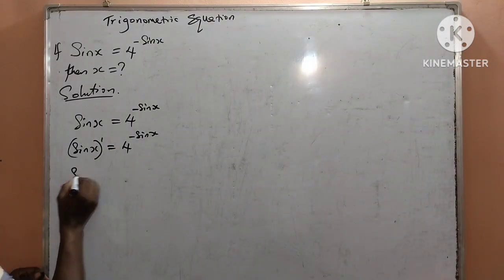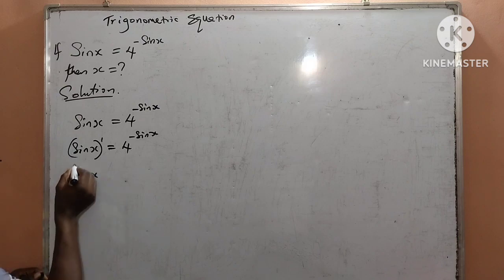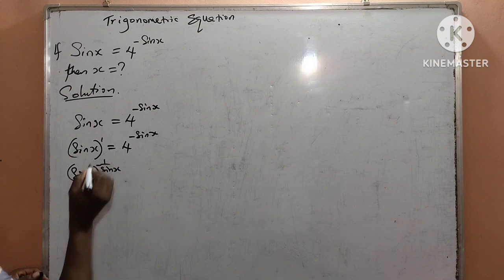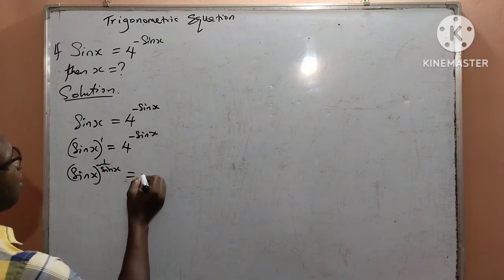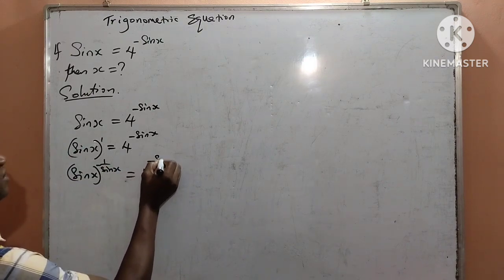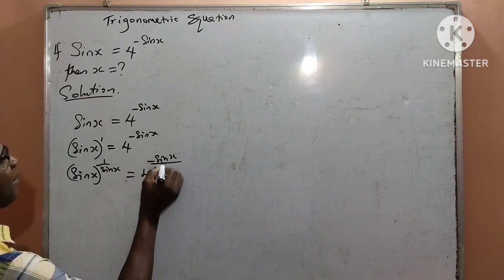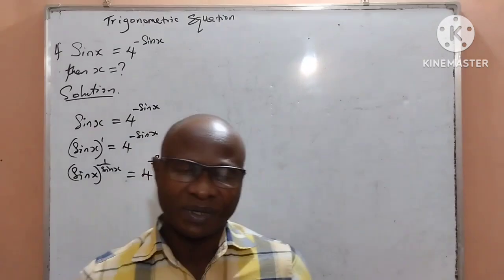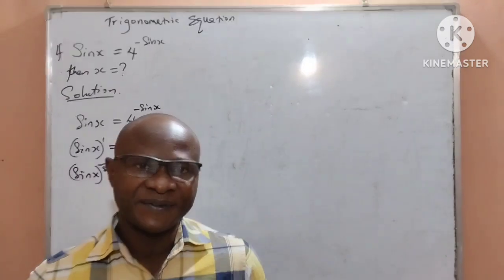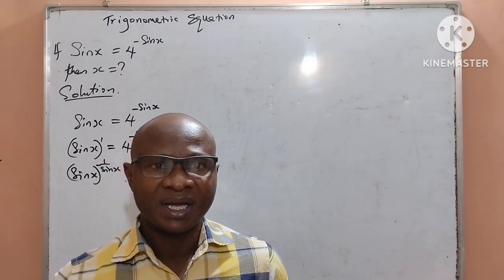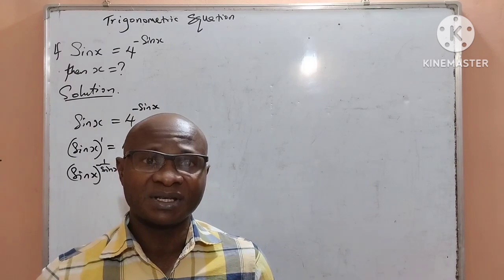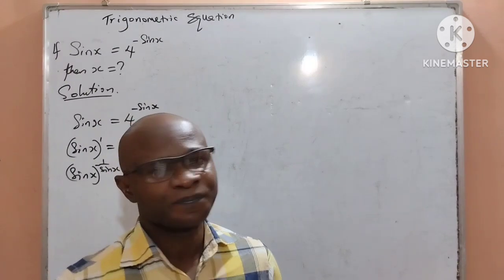That means I am going to write sine x raised to power 1 over negative sine x, equal to 4 raised to power minus sine x over minus sine x. So I am dividing both sides of the equation by negative sine x. The power of both sides is being divided by negative sine x.